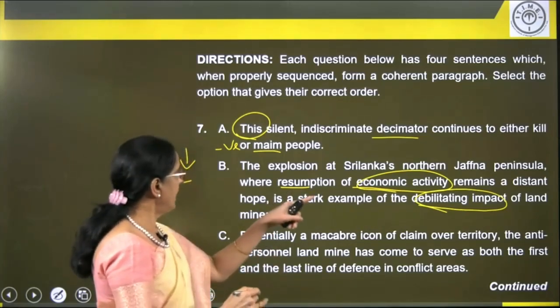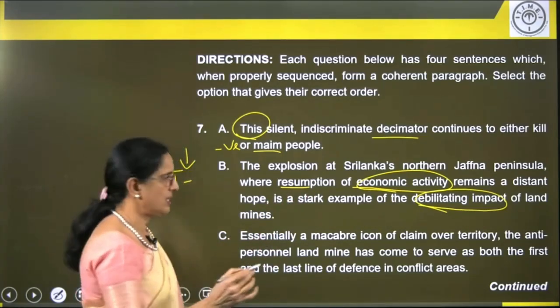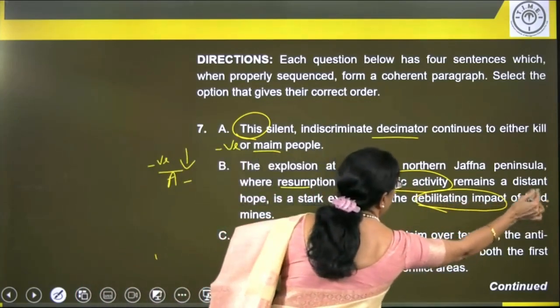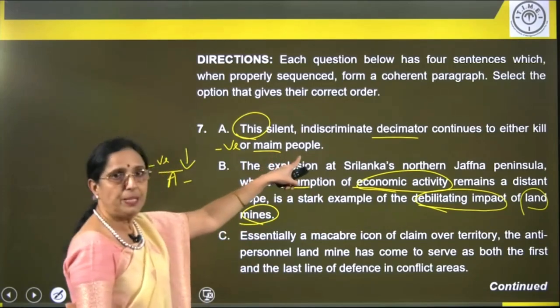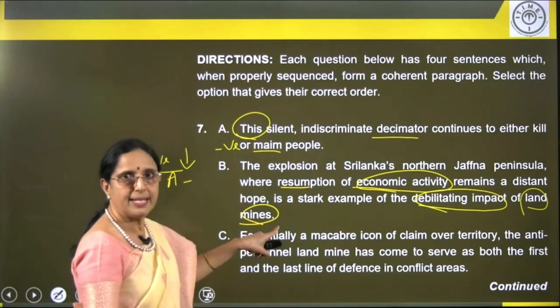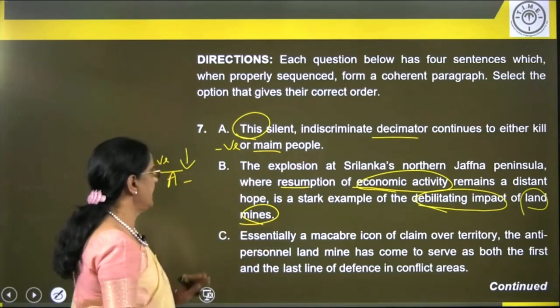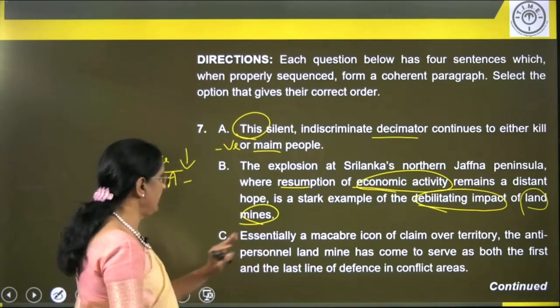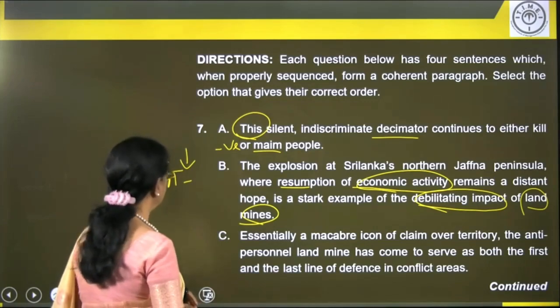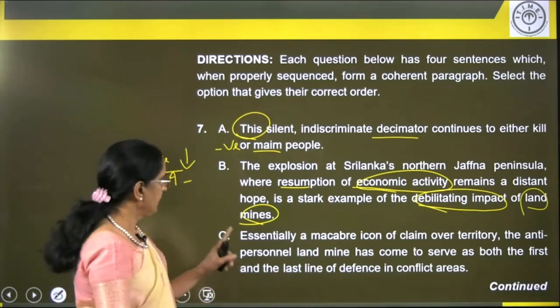Weakening. Impact of land mines. Alright, so you are talking about land mines. Same story, decimation, kill or maim people. Obviously, land mines. Understand? Put it aside. Right? It's easy to say BA immediately, but let's read the other ones also. Right, we'll see that. Ready?